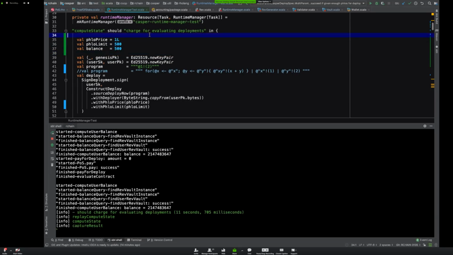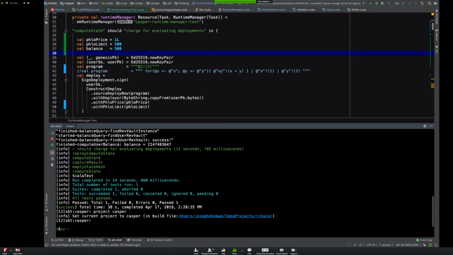But just based on these numbers, a small contract like this and a large balance like that, where each flow costs just 1 rev, we should certainly not see any sort of errors due to running out of flow. Although I'll show you one of those next.